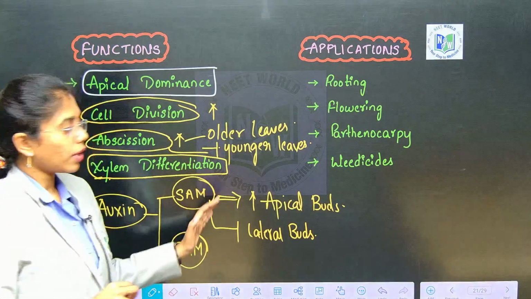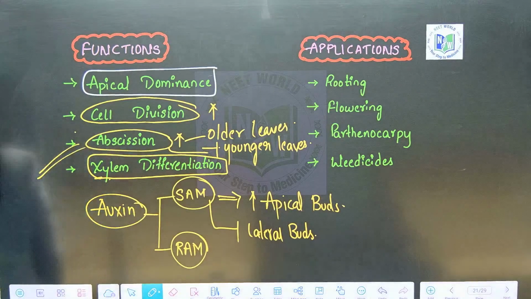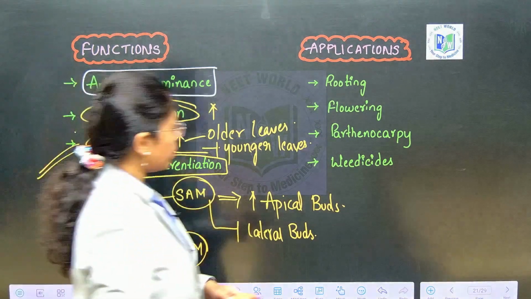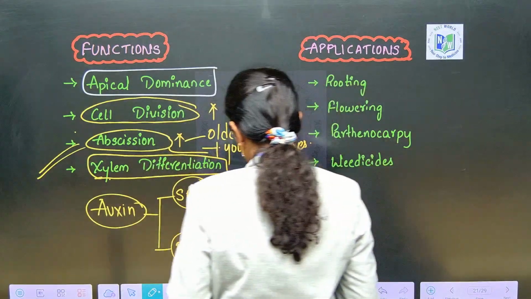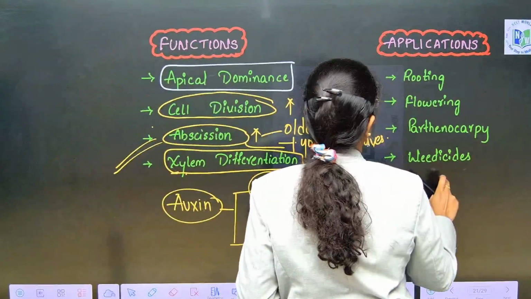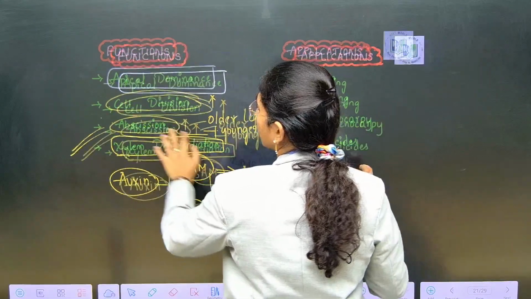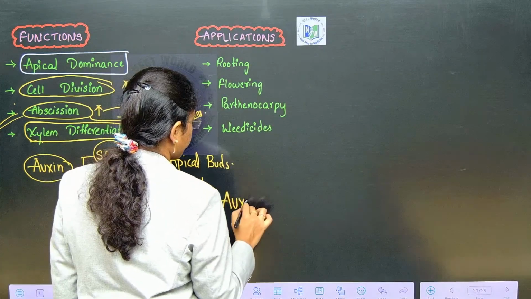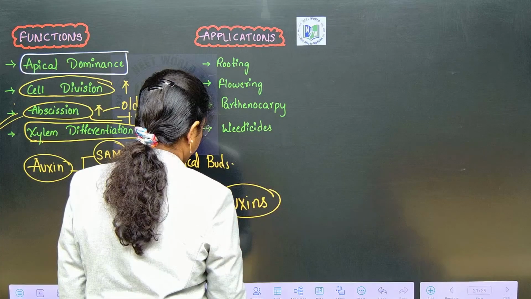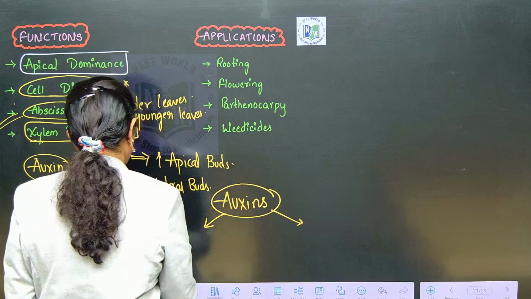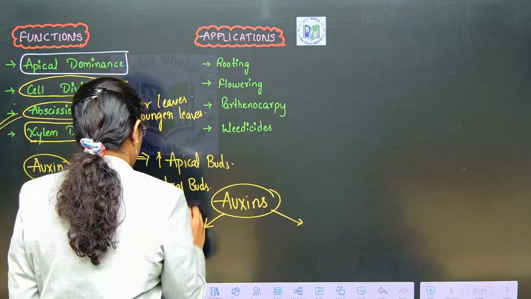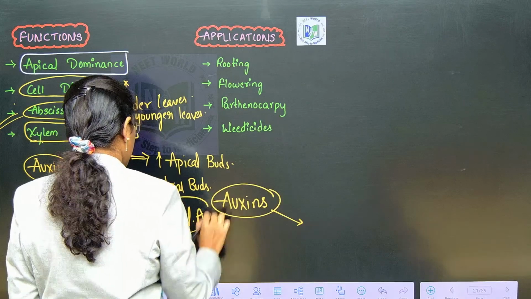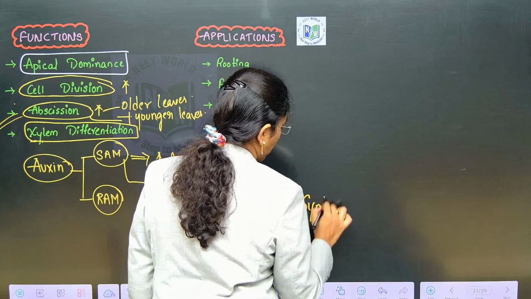So, after knowing the functions, you have to know about two types of auxins which are very important. First will be natural auxins and second is synthetic auxins.